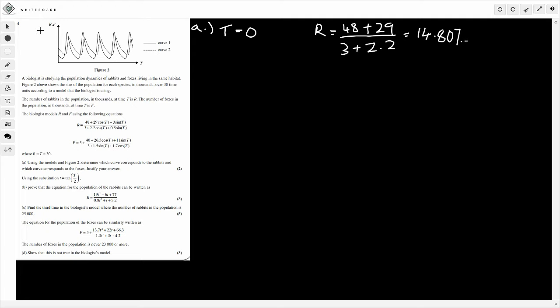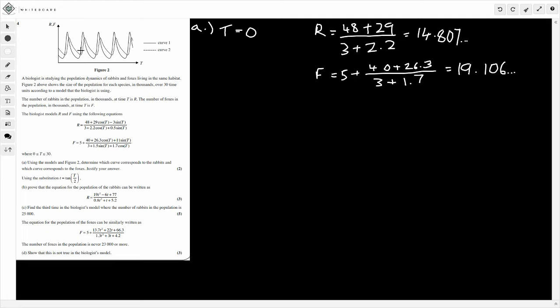Let's work out the F, and whichever is the higher value is clearly curve 2. So F is going to be equal to 5 plus 40 plus 26.3 as my numerator, and for my denominator I'm going to have 3 plus 1.7. Again, the sine just cancels. This simplifies to give me 19.106 and so on.